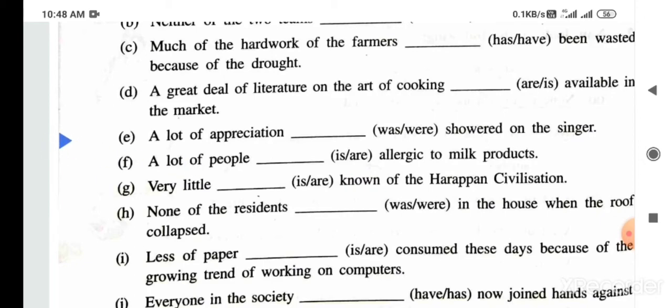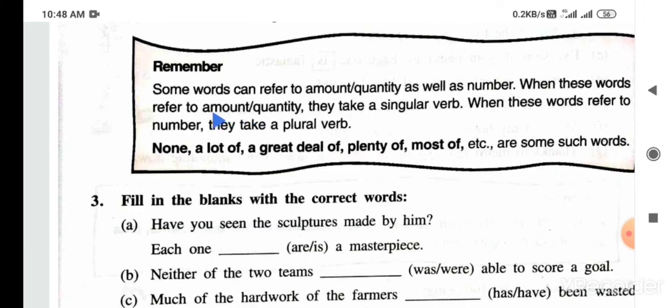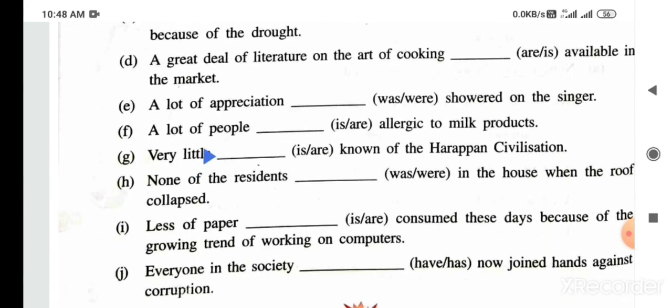A lot of people, a lot of के लिए जब amount quantity है तो singular verb, अगर number है तो a lot of people के साथ हम लोग यहाँ are लगा सकते हैं. A lot of people are allergic to milk products. Very little is known of the Harappan civilization.